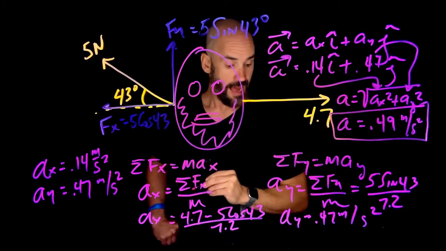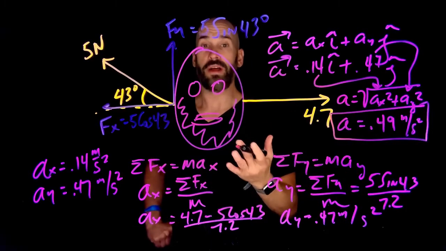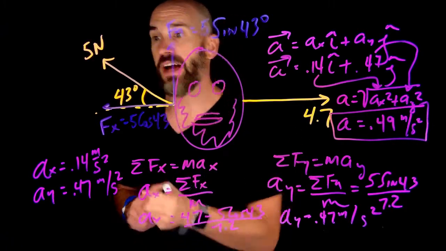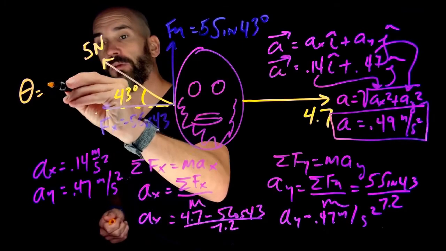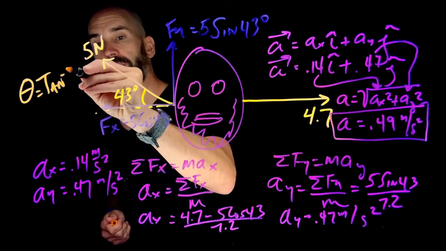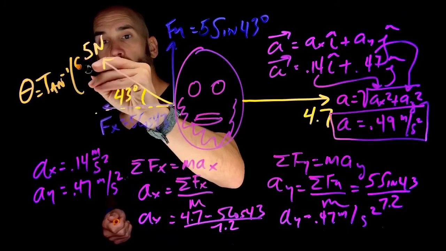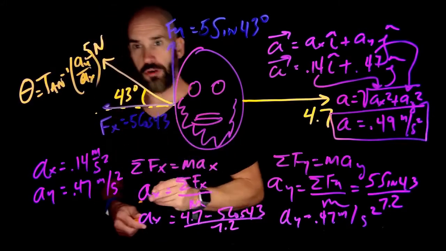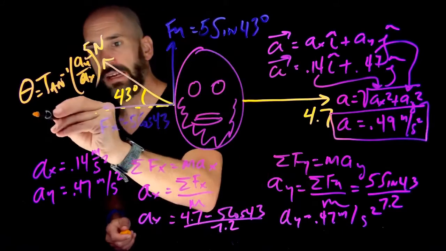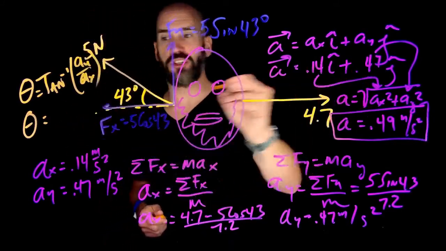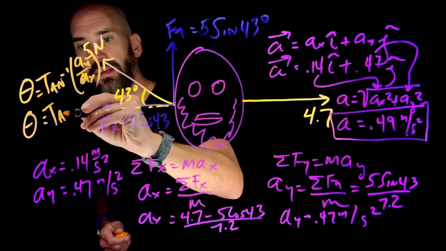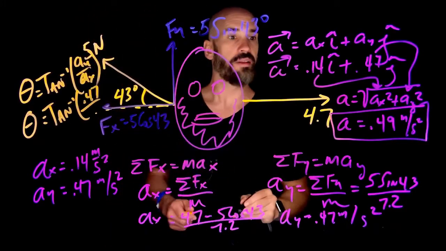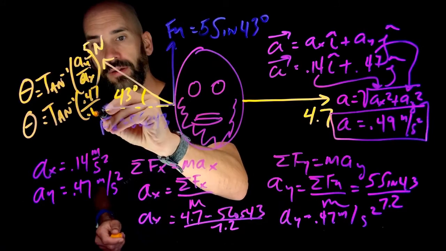All right, now the next question is, what is the direction? You guys by now know that to find the direction, theta is just equal to the tan inverse of the y component over the x component. True story? True story. In this case, the y component is 0.47, so it's tan inverse of 0.47 divided by 0.14.